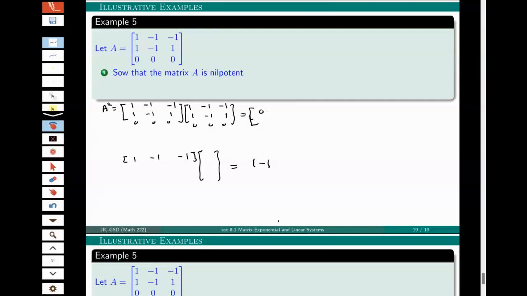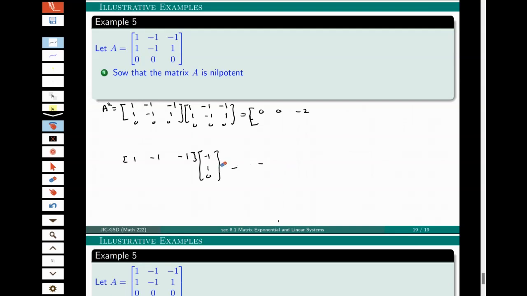Then by the second column, which is minus 1 minus 1 0, I will get minus 1 plus 1, which is again 0. With the third column, which is minus 1 1 0, I'll get minus 1 minus 1, which is minus 2.